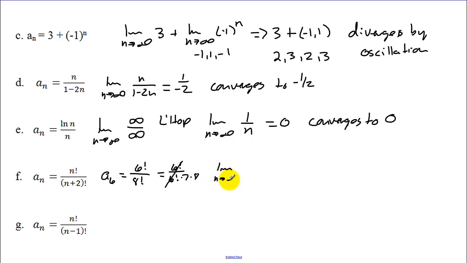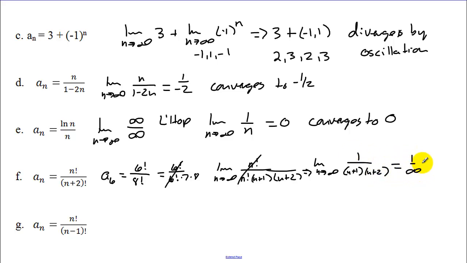Limit as n approaches infinity of n factorial over, we could write that as n factorial on the bottom, but then times n plus 1, and then times n plus 2. So the n factorials would cancel out. We have the limit as n approaches infinity of 1 over n plus 1 times n plus 2, and that's 1 over infinity, which is 0. So this one converges to 0.